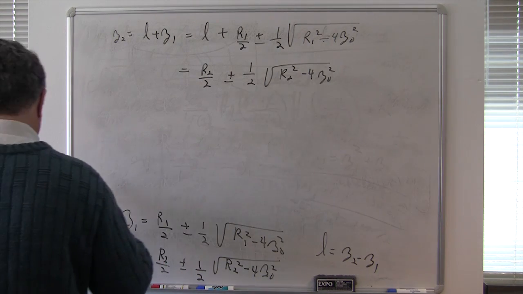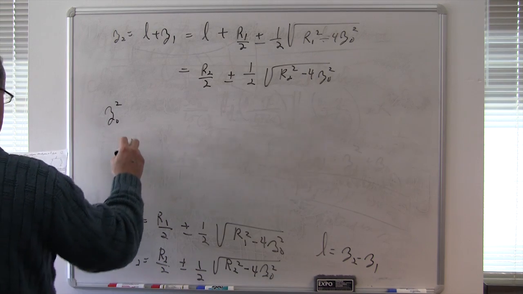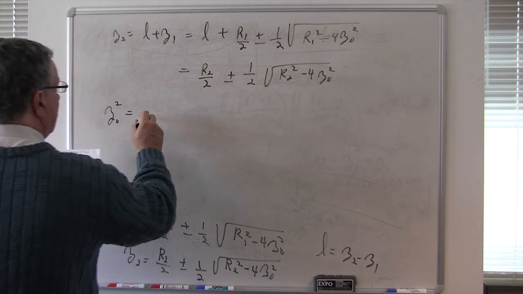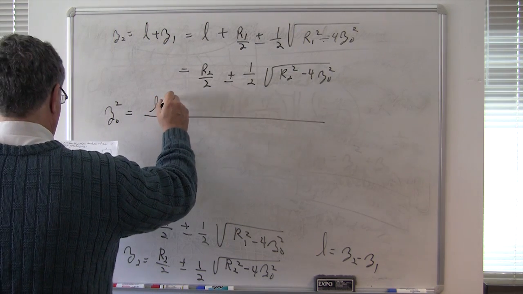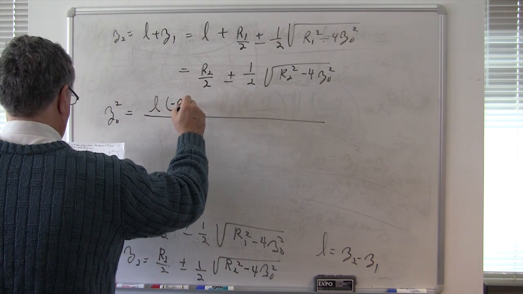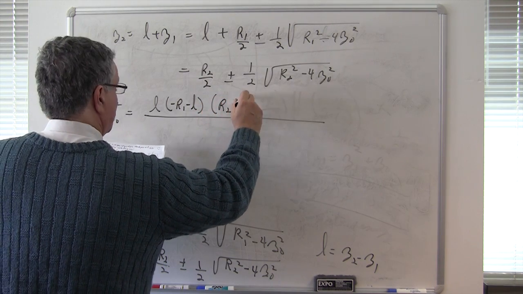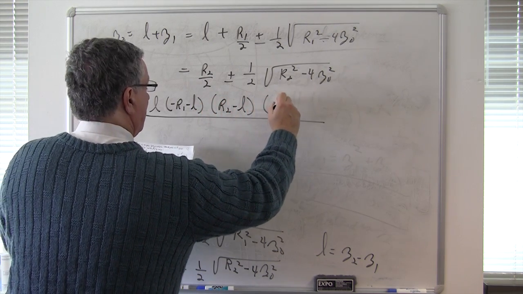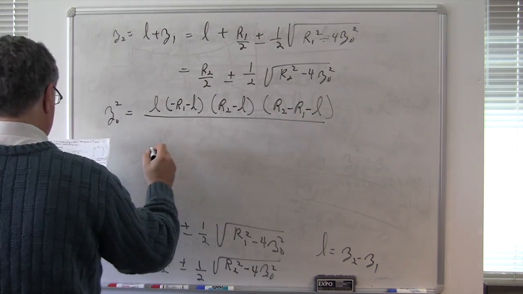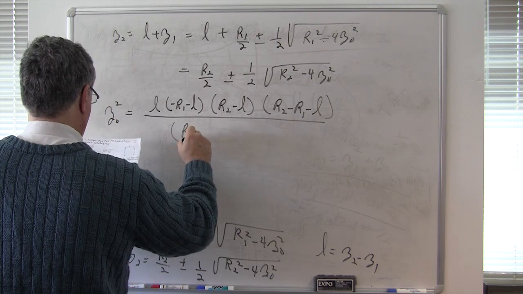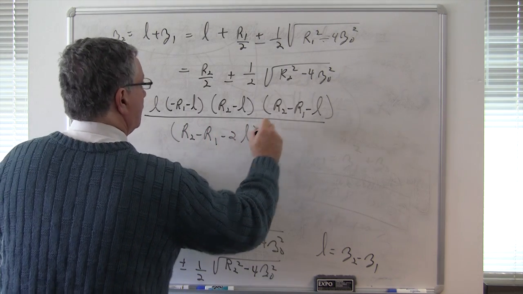If you do this, and this is left as an exercise, you find that Z0 squared is equal to the following expression: L multiplied by minus R1 minus L, R2 minus L, times R2 minus R1 minus L, divided by R2 minus R1 minus 2L squared.